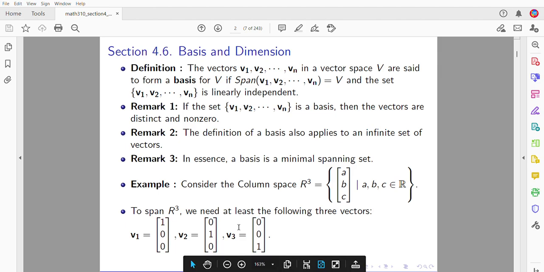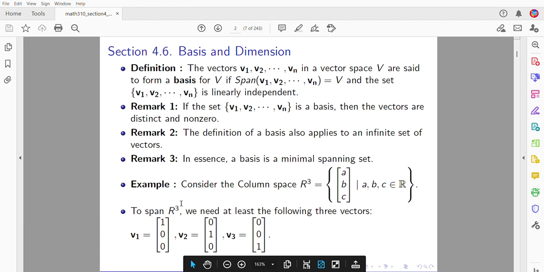Why do you need that? To get position A, you need 1, 0, 0. To get position B, you need 0, 1, 0. To get position C, you need 0, 0, 1. This is the minimum collection of vectors you need to span all of R3.